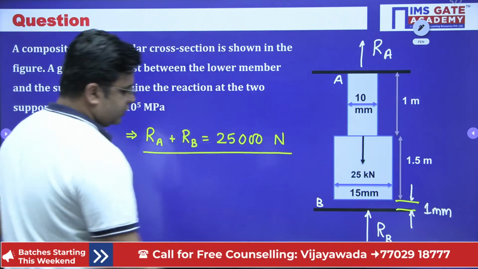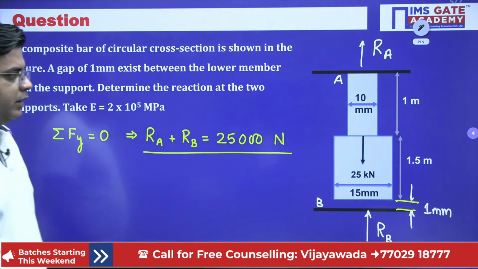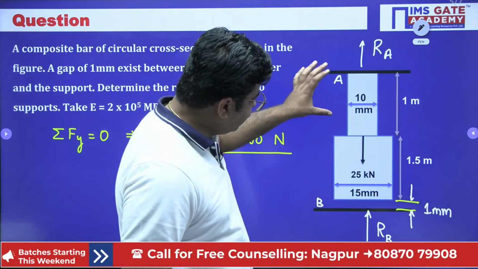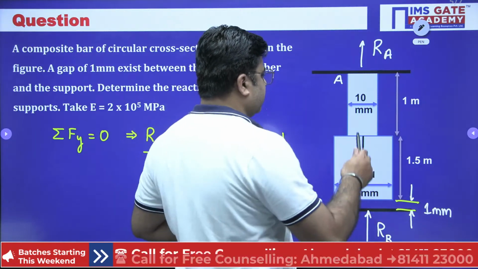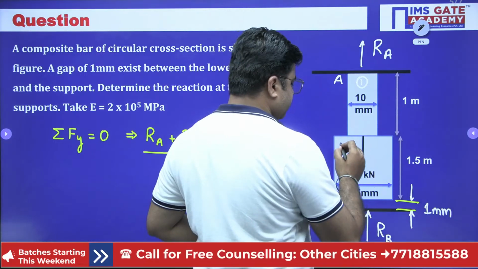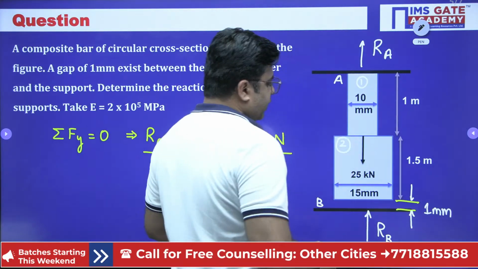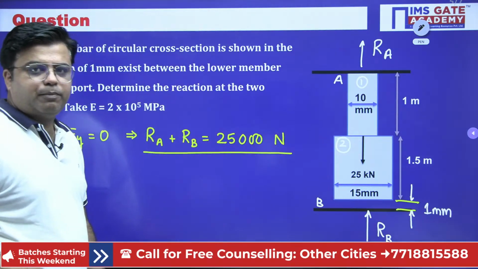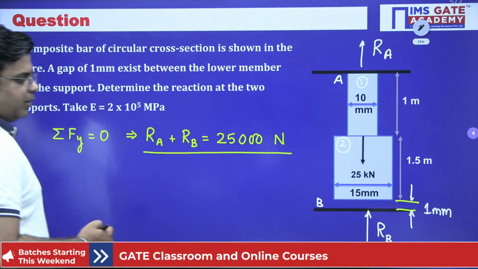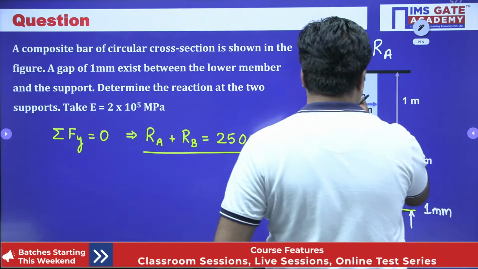This is my first equation, right? The second equation will be the deformation of the members. This is my first member and this is my second member. Deformation of first member plus deformation of second member is equal to 1 mm. I think this is not visible.